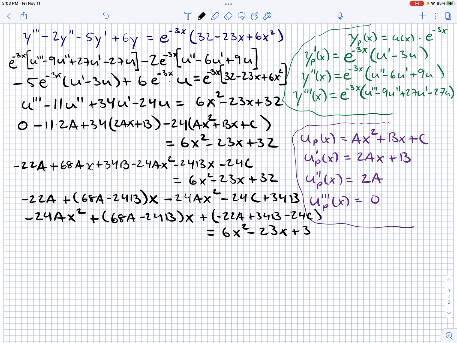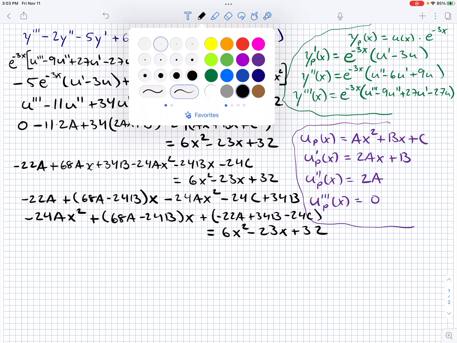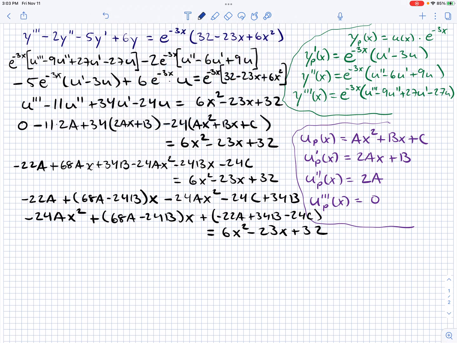And finally, this helps me because now I can say the constant negative 24a has to be equal to the constant in front of the x squared term on the right side. So that just means negative 24a has to be equal to 6, which means a has got to be negative 1/4. Yay, that's nice.